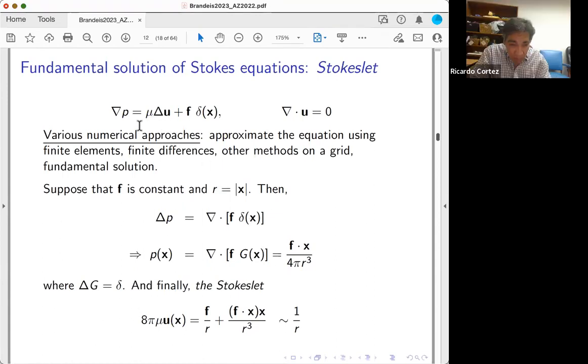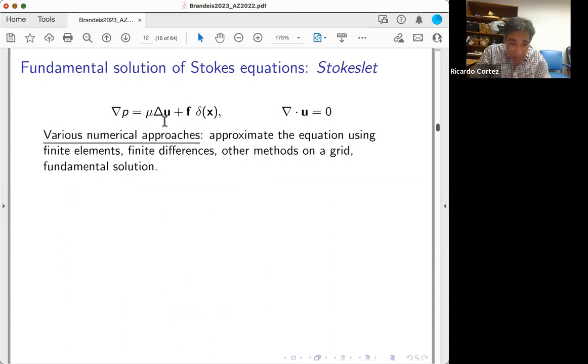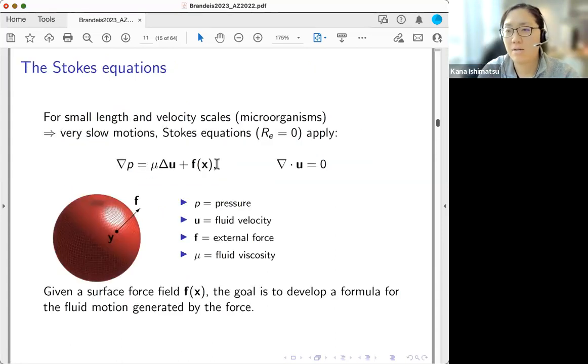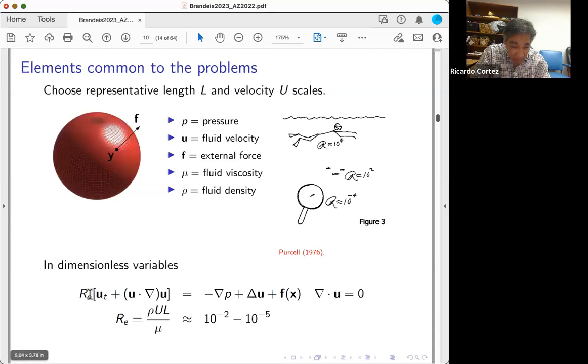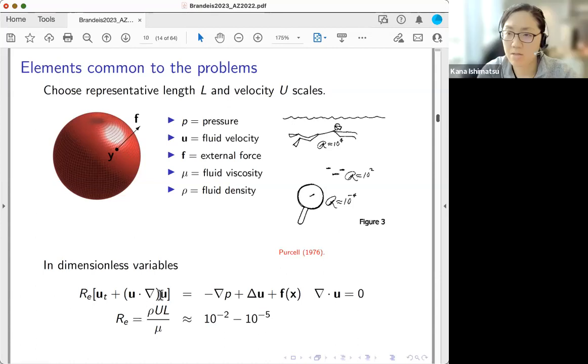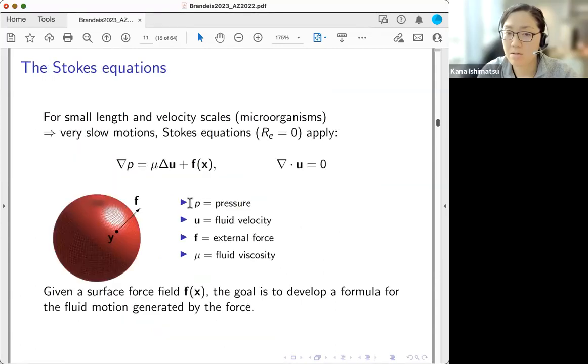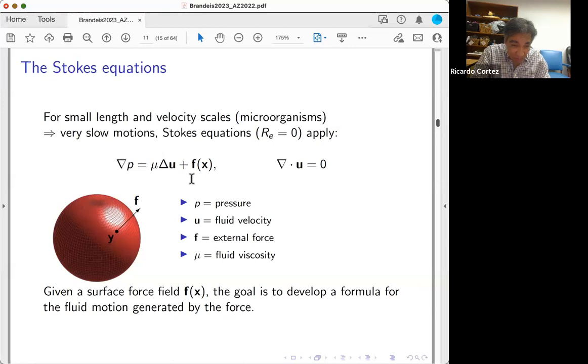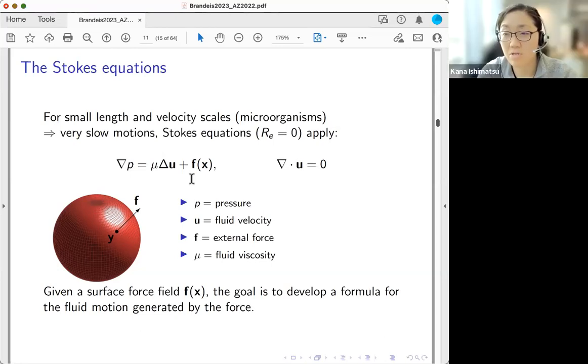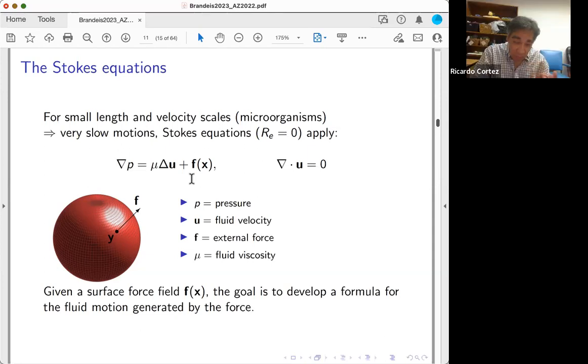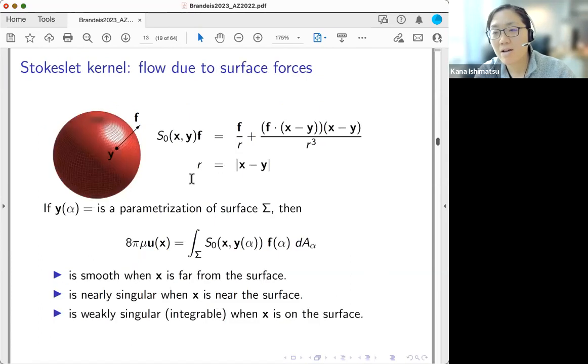Well, if you're modeling the fluid motion with the Stokes equations, so if you made the determination that the Reynolds number is small enough to be considered zero, then you're working with the Stokes equations, and at that point, the Stokeslet is a fundamental solution to this equation. So whenever you're using Stokes equation, you use Stokeslet? You can use Stokeslet. But I guess there are other methods too.